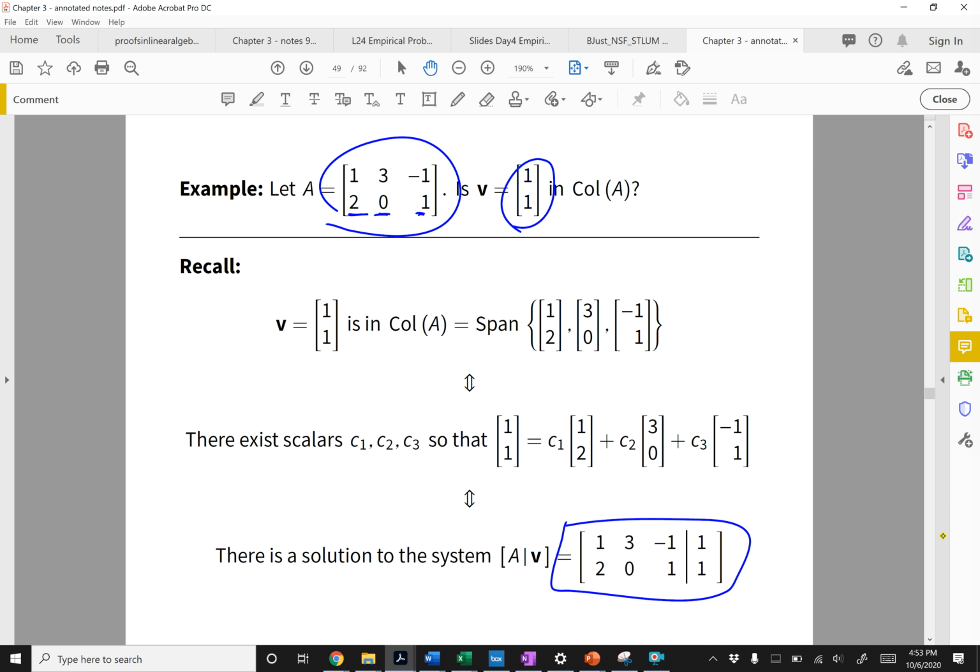And as long as this row is not a linear multiple of this row, it's not a scalar multiple, so the rows are linearly independent, we will have two pivot columns. So I'll be able to span R2. So this will be in there.